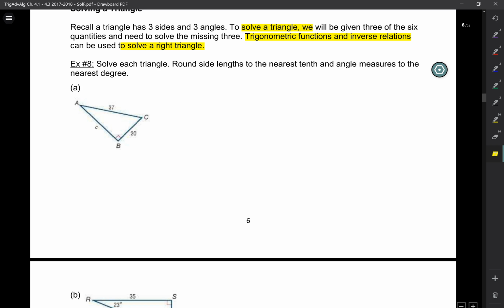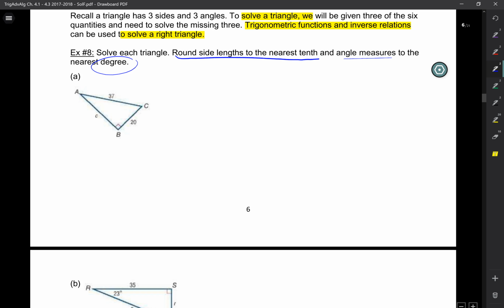All right, so here we're going to solve this triangle. And it says round side lengths to the nearest tenth, angle measures to the nearest degree. So let's do that. What I like to do first is make a little list of stuff I need to find. So what am I missing here? By the way, I'm sure you know this already, but I'm just going to repeat it.